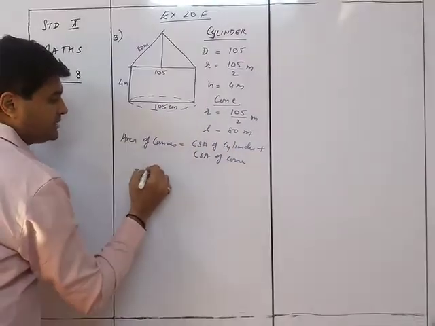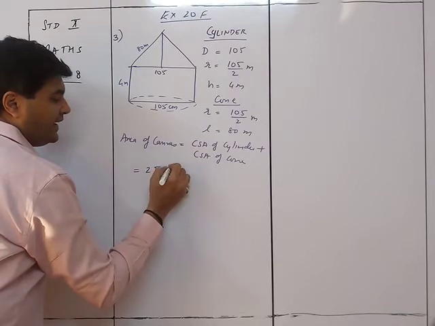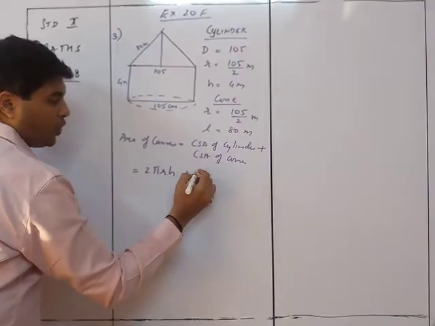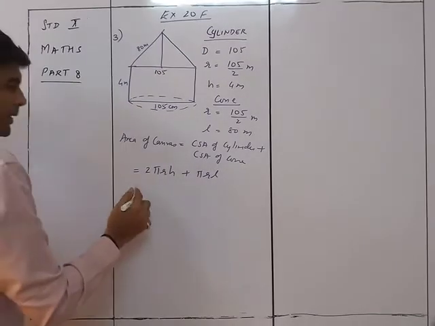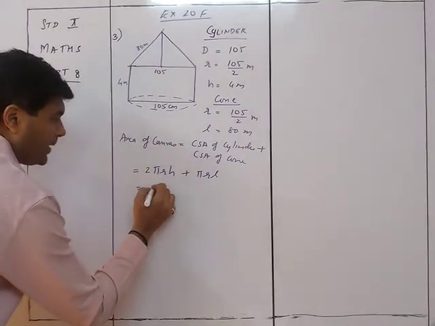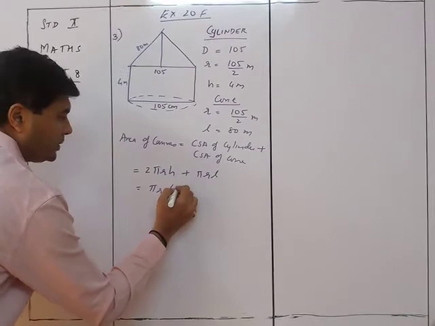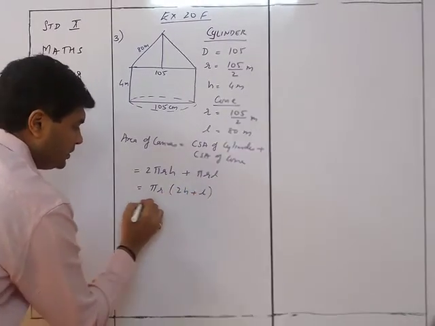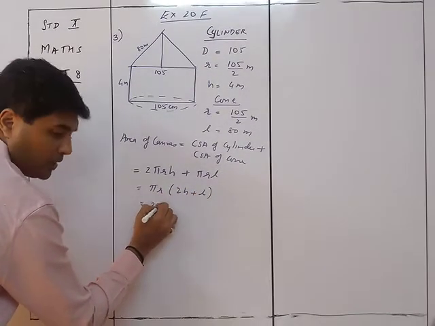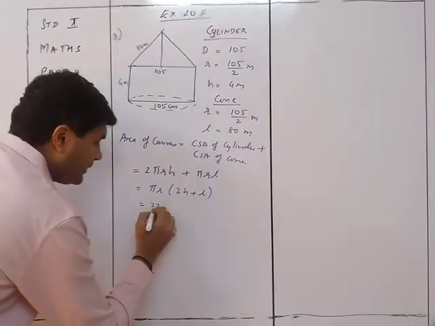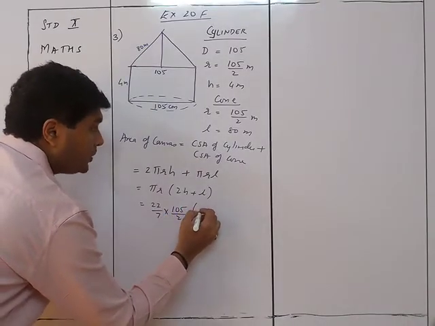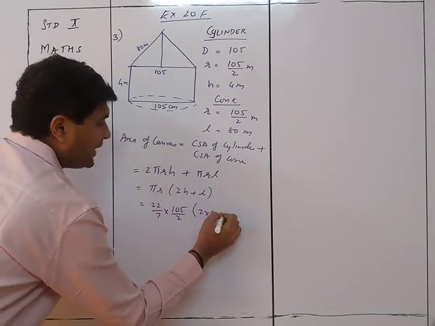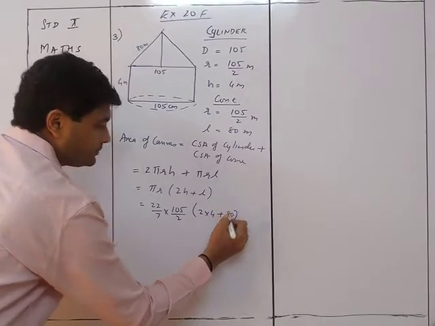CSA of cylinder is 2 pi r h and that of the cone is pi r l. Pi and r are common, so pi r (2h plus l), that is 22 upon 7 into 105 upon 2 into (2 into 4 plus l, which is 80).